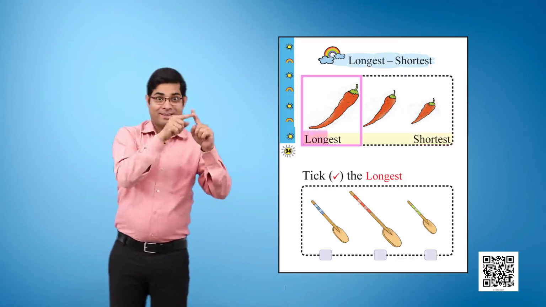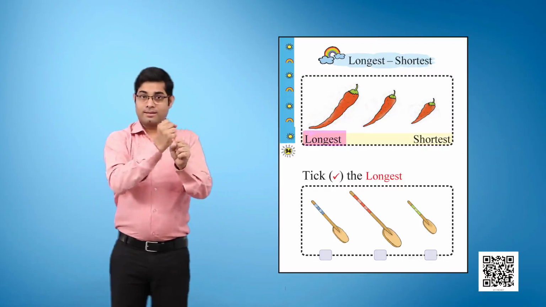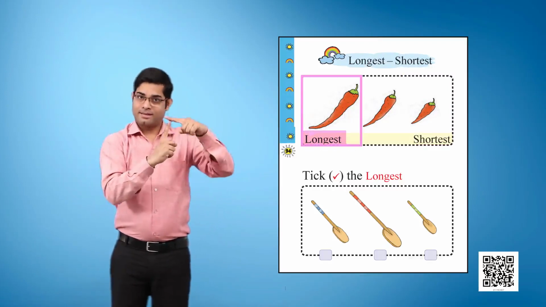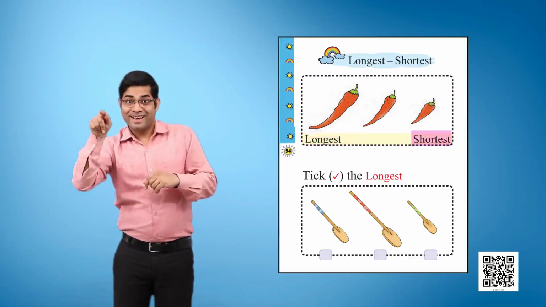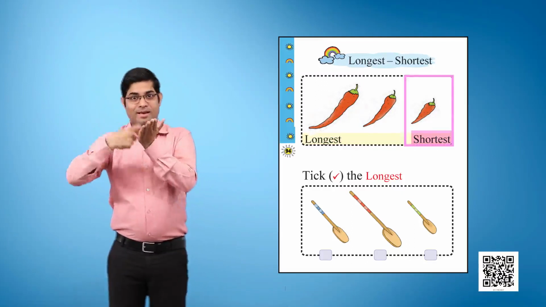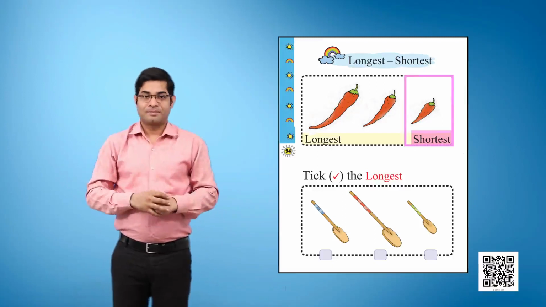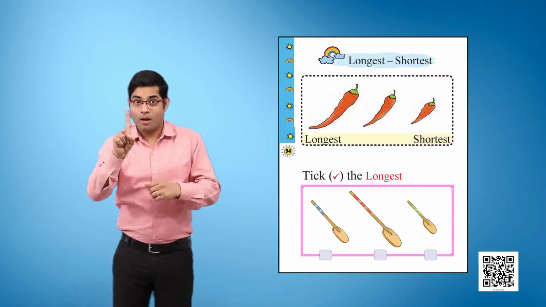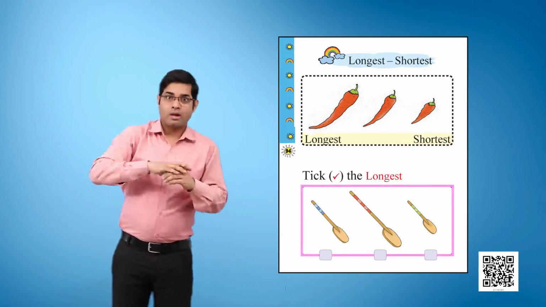The word longest is written below the chili 1. And shortest is written below the chili 3. Question 1. Tick and identify the longest.